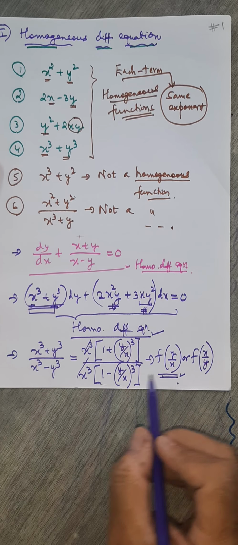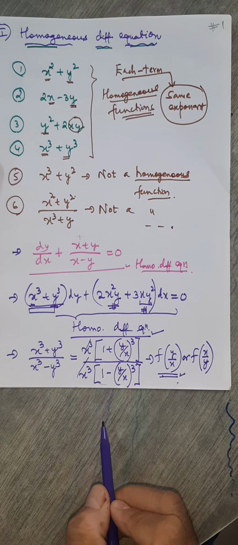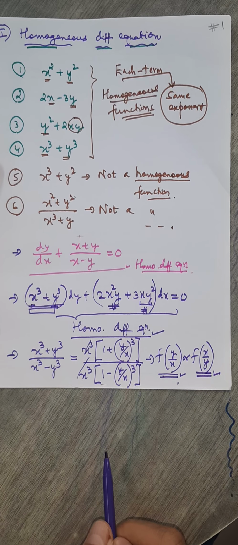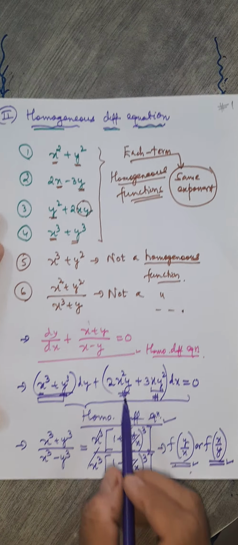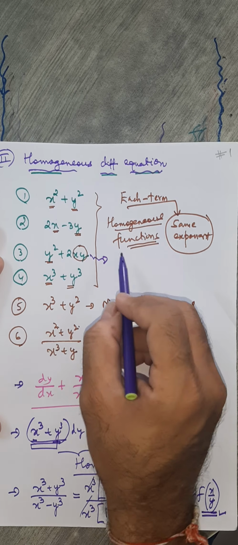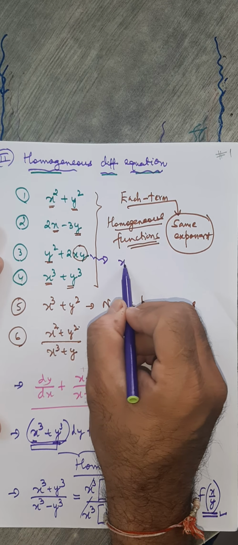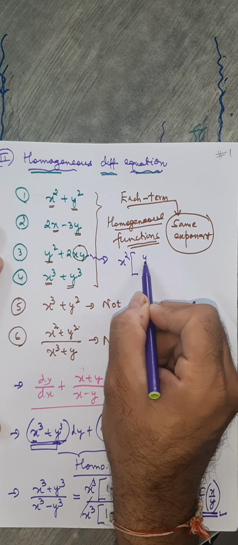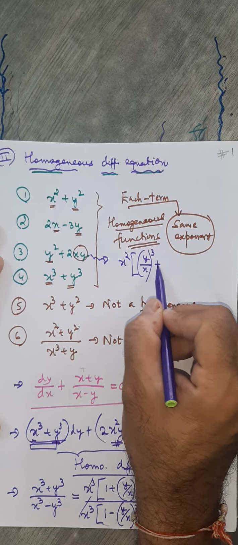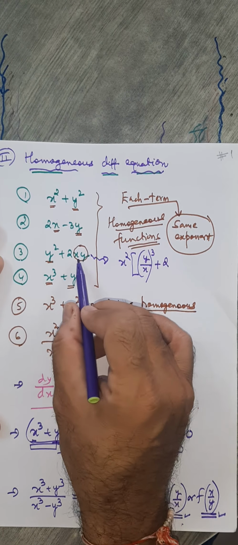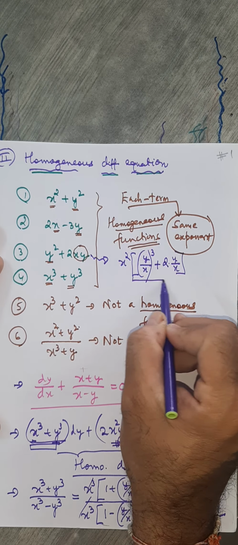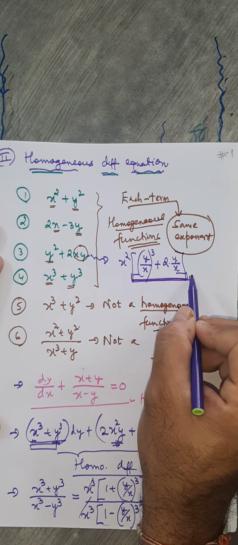Every homogeneous differential equation can in general be expressed in this form, remember. Look at this. Suppose I'm just taking this example here. You can find x square common from this. So what I'll get? Y by x the whole cube plus 2 as it is. I'm taking x square common. So here it is y by x. Now you can see that this is a function of y by x.